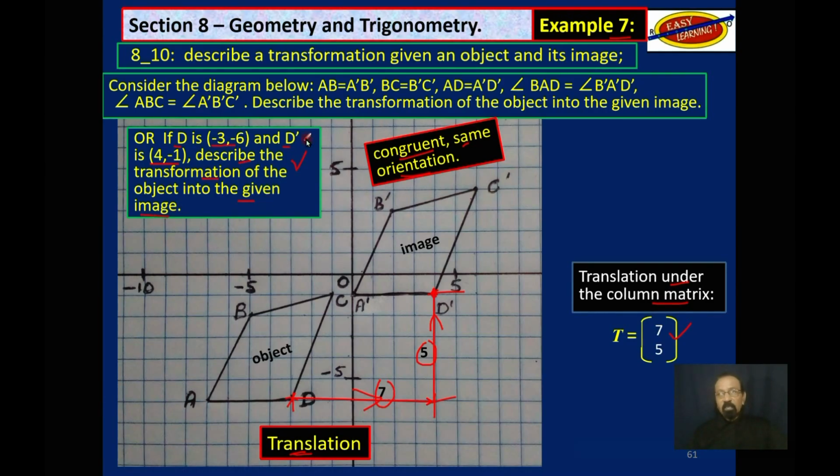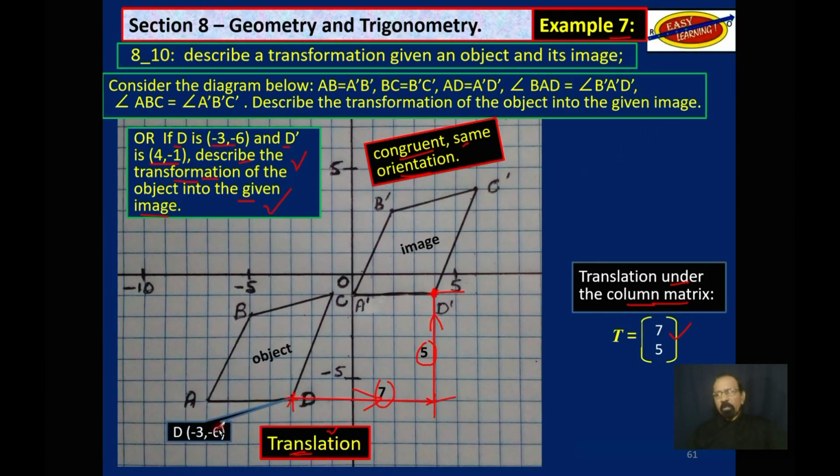You have to know it's a translation in that case. But here you are given the drawing or the graph or the picture, and you had to determine that it was a translation. But in this case, if you have to determine the transformation matrix, you would have to be told that it is translation.